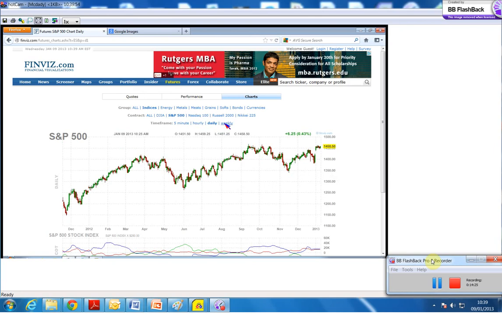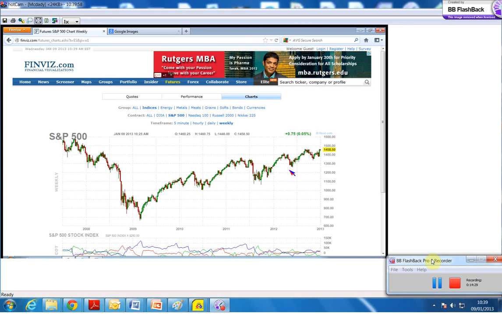If I put the weekly chart, we are now trading at 1458. The structural point over here, where we actually began the bear market in 2007, was around 1450.